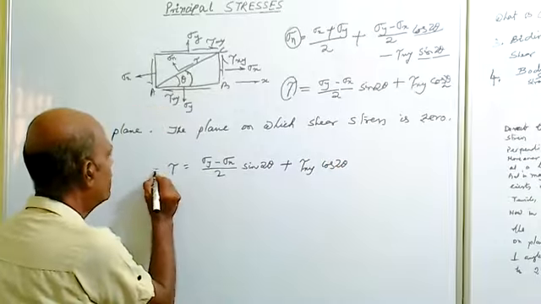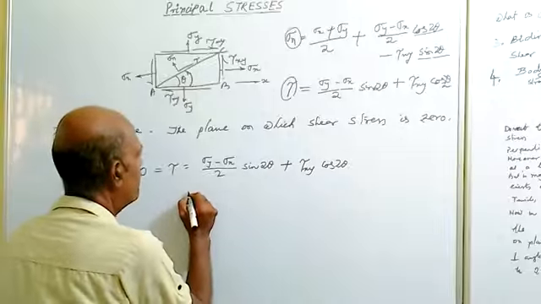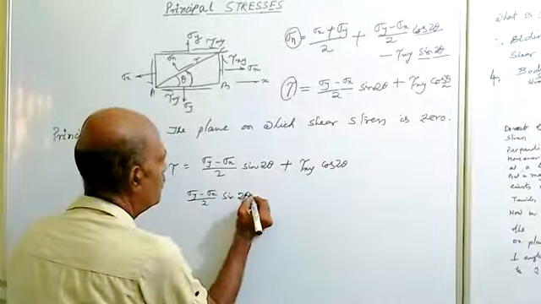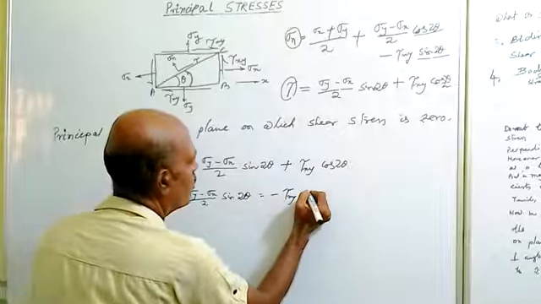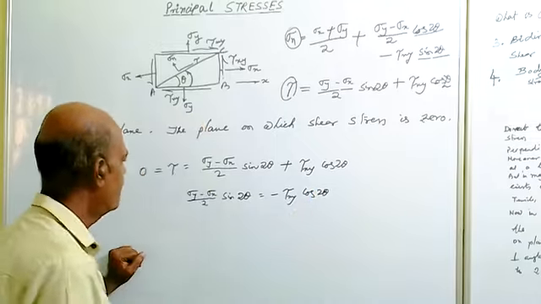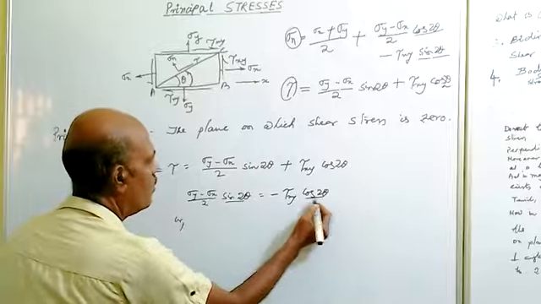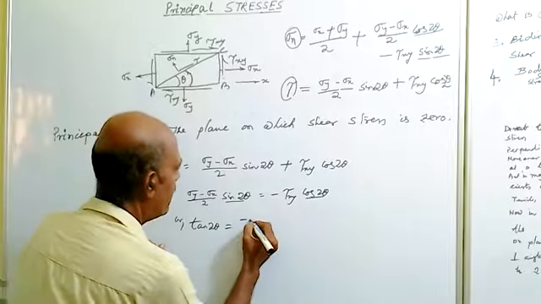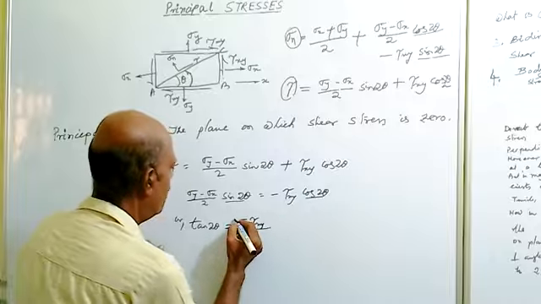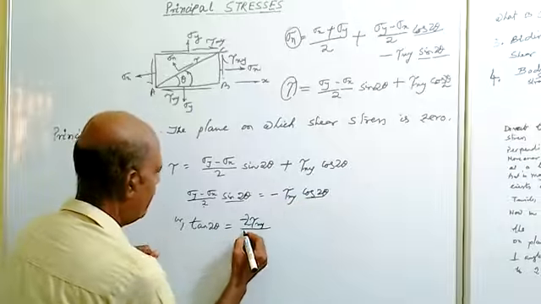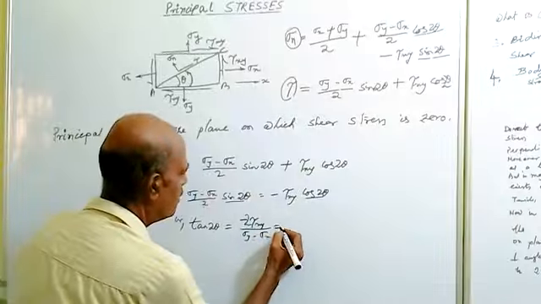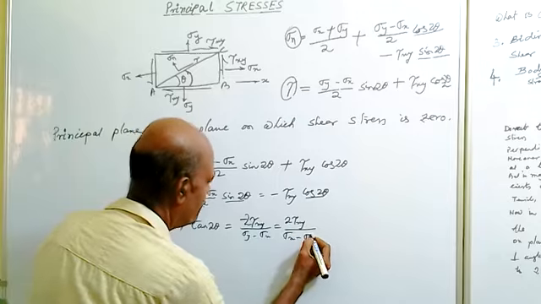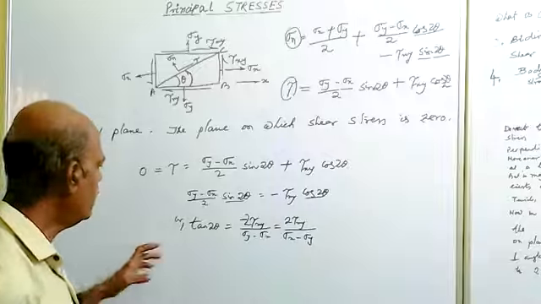So if we equate this to 0, then we get sigma y minus sigma x by 2 sin 2 theta is equal to minus tau xy cos 2 theta, or sin 2 theta divided by cos 2 theta, that is tan 2 theta, becomes minus 2 tau xy by sigma y minus sigma x, which we can write as 2 tau xy by sigma x minus sigma y. So we have got the tan 2 theta value.